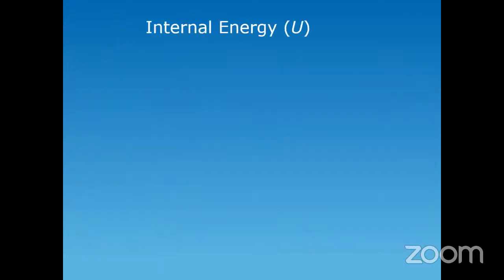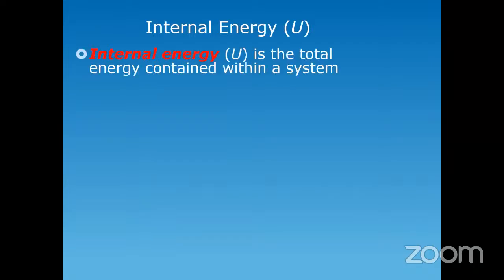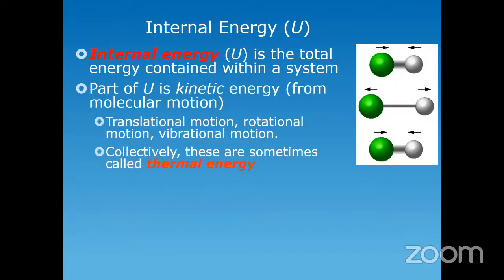Okay, another term I need to introduce to you here is the concept of internal energy, which is the total energy contained within a system, all right? And that energy could be, well, very often is part kinetic and part potential, all right? So remember, kinetic energy is the energy an object has by virtue of its motion. And when it comes to molecular systems, there are three types of kinetic energy. You can have translational motion, where the molecule or the atom is moving along a straight line.